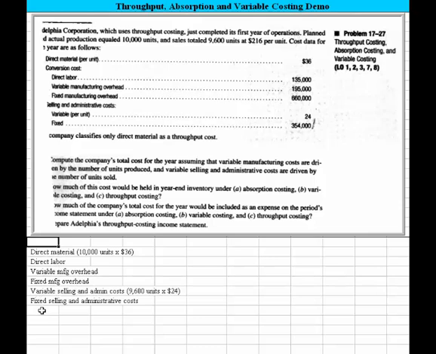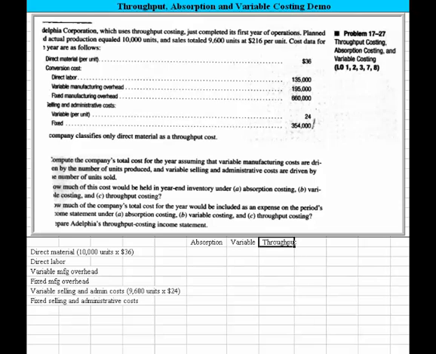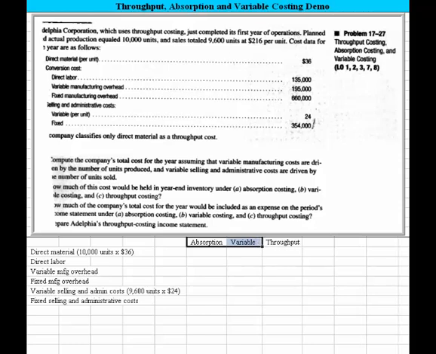Now I've copied from above. Let's label the various methods going across: absorption costing, variable, and throughput. Let me make this a little bit bigger and widen this a hair.